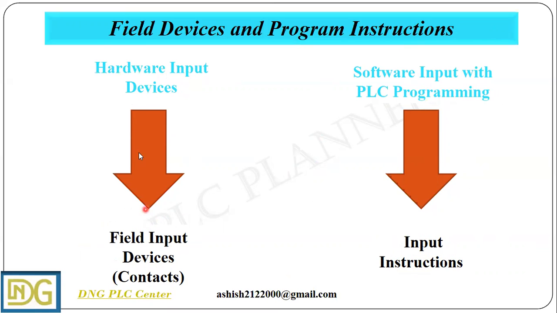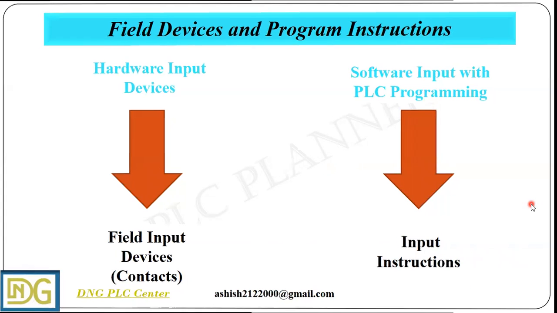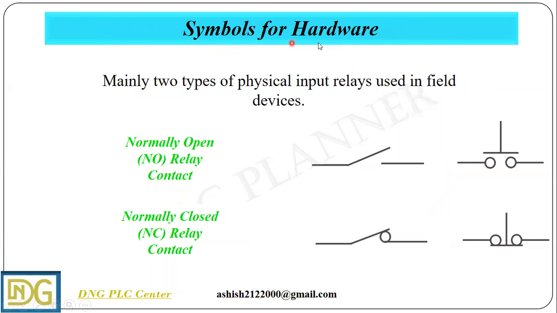Just like that, in hardware we know them as NO and NC devices, and in PLC programming we know them as XIC and XIO instructions. Symbols for hardware: mainly two types of physical input relays are used in field devices, normally open NO relay contact, represented by this type of symbol, and normally closed NC relay contact, represented by these symbols.